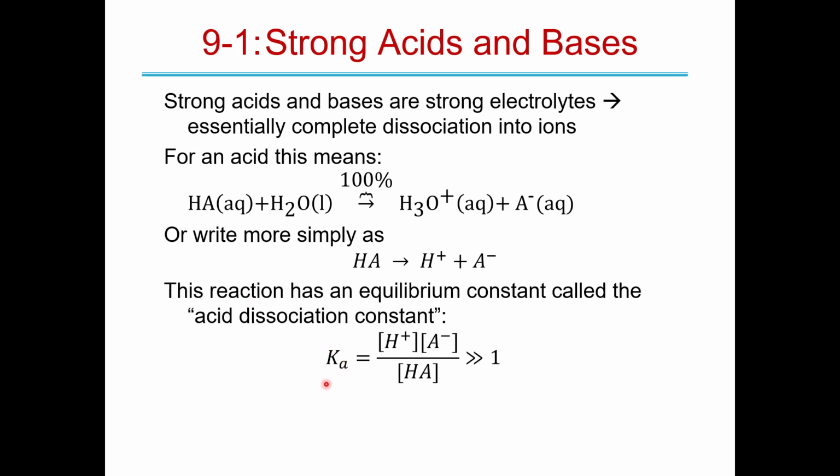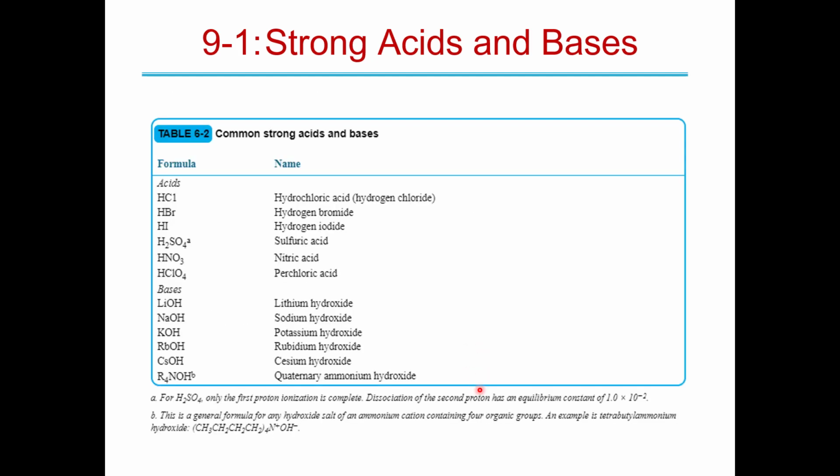That acid dissociation constant, we call Ka, and it's products over reactants, right? So the hydronium ion concentration times the A- concentration, A- being the conjugate base of the acid HA, and then we divide by the concentration of HA. If this is a strong acid, then our Ka value is going to be greater than 1. And typically it's going to be much, much greater than 1, indicated here by the 2 greater than symbols.